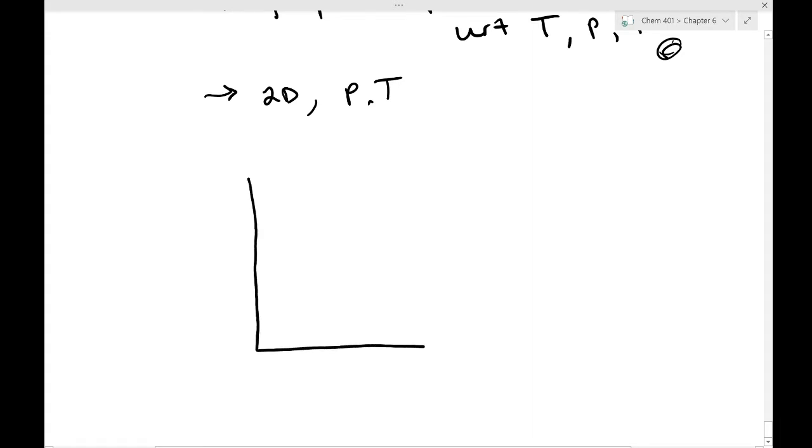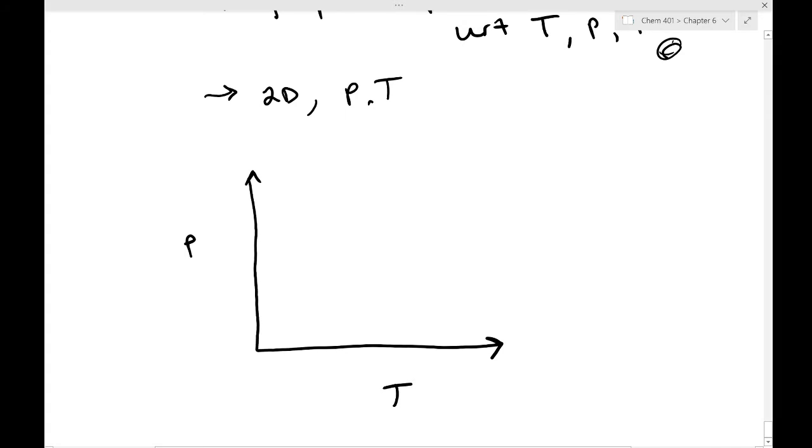Now, a typical phase diagram. Okay, we have pressure on the y-axis and temperature on the x-axis. Let's not make it in degrees C just yet. I want to come back and make it more specific later on.